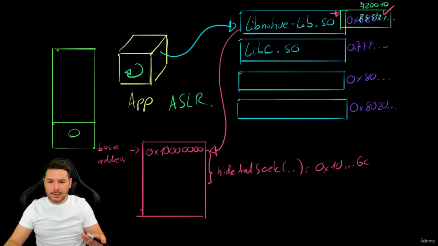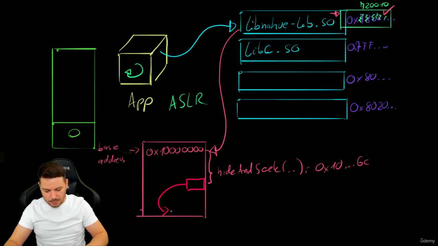So let's assume we identify a buffer overflow within our application. And for example, in this library at a certain point, let's say over here. So here we are having a buffer overflow. What an attacker does is the following. The attacker jumps to a certain function, for example, the system function within our libc, and then it's executing a command in there.